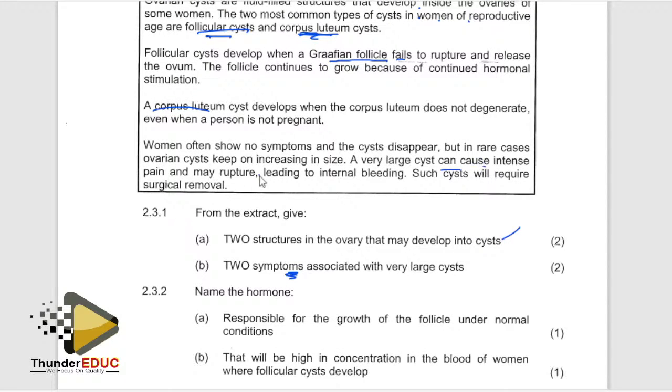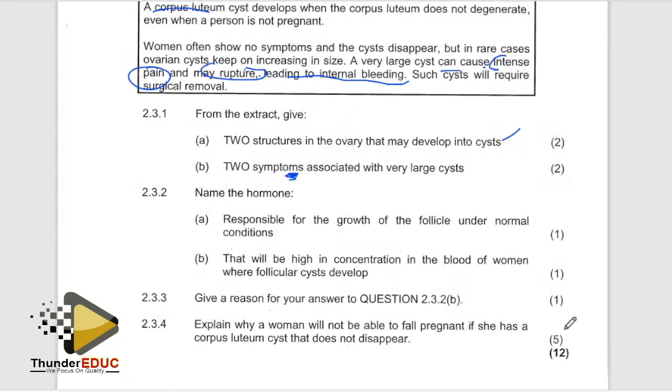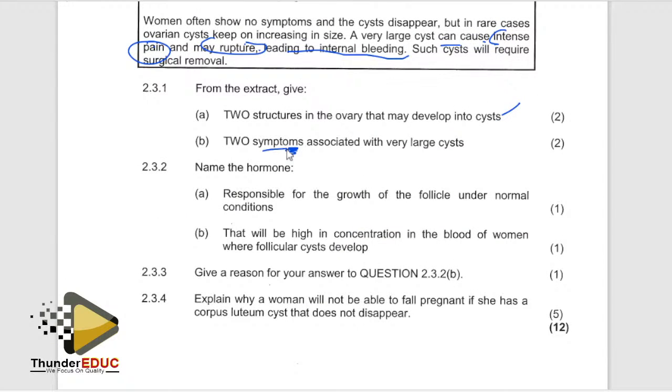So it is intense pain, and rupturing of the corpus luteum, leading to internal bleeding. So it can also lead to internal bleeding. You can have answers from there, and they only want 2 symptoms.